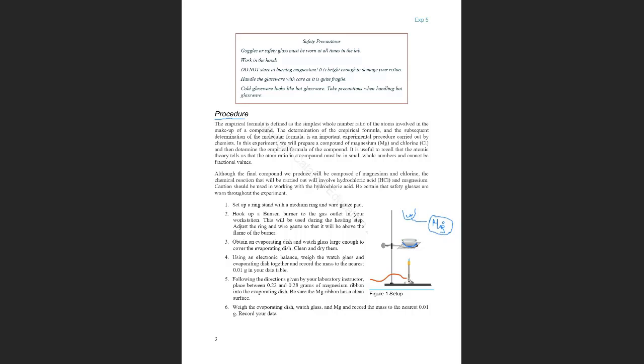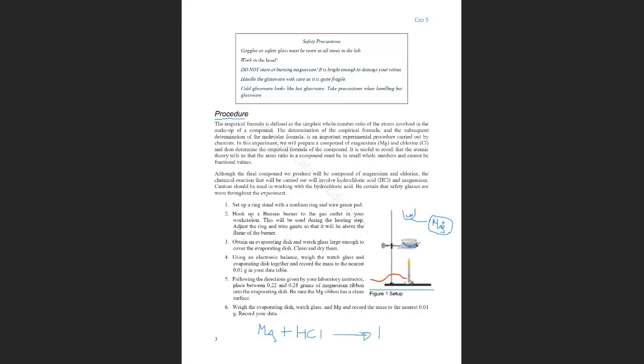Then you are going to add some drops of hydrochloric acid. And then you are going to see bubbles, and you are going to see that the magnesium disappears because there is a chemical reaction. We add this before you heat. Before you start the heating, you are going to add some drops of hydrochloric acid.